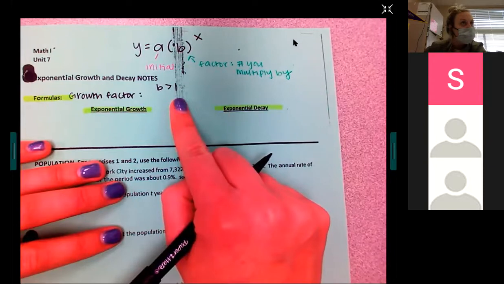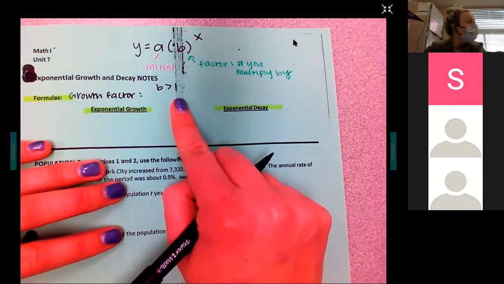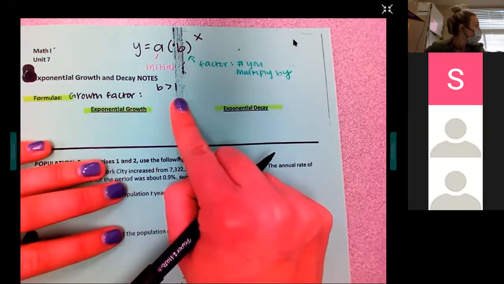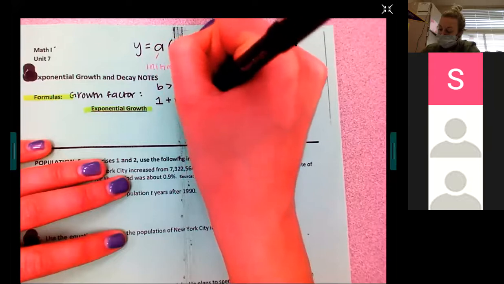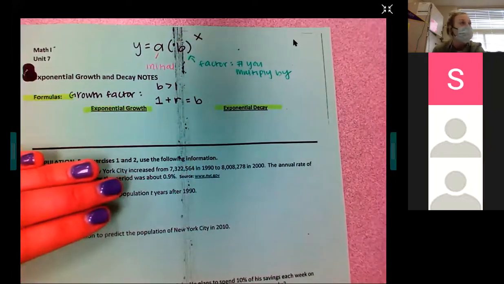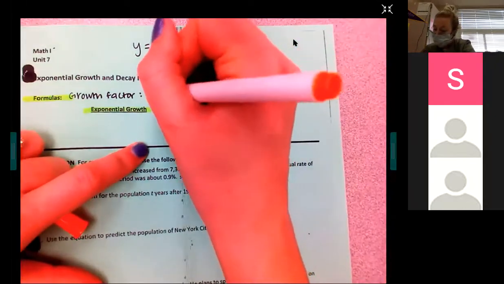If you didn't know that, you need to get on that. Exponent rules. Anything raised to 0 is 1. You always have a 1 placeholder, right? Okay. So we're going to start with 1. And to figure out what the B is, you're going to add the rate. That'll give you the growth factor. This is the new part. This is what you're going to want to write. So to find the growth factor, you can do 1 plus the rate they give you.